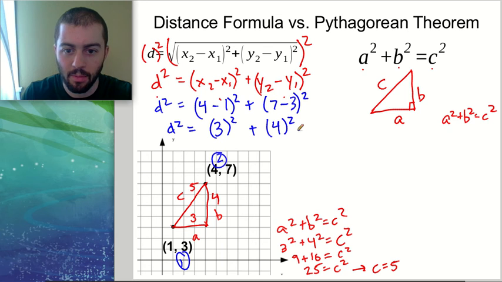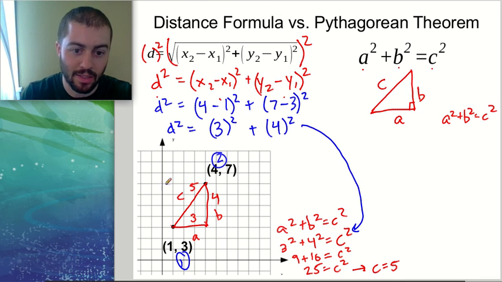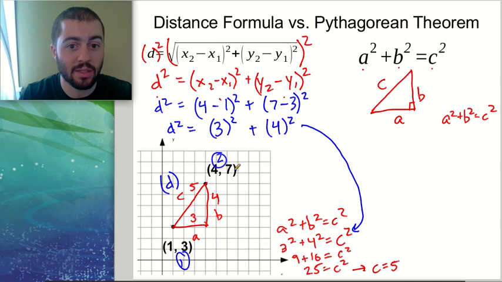That matches up down here when we were just plugging straight into the Pythagorean theorem, right? We ended up with 3 squared plus 4 squared equals c squared. So here we're calling the distance d, but in the Pythagorean theorem we call the distance c, but really the process is the same. All the distance formula is, we took the Pythagorean theorem, we rearranged it, and now we're going to plug in our numbers to get our distances.